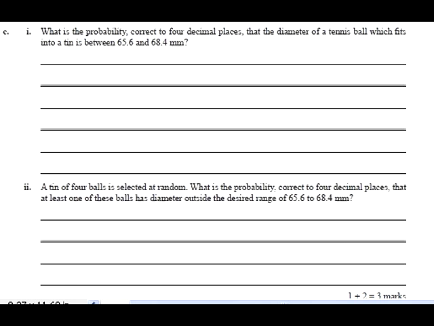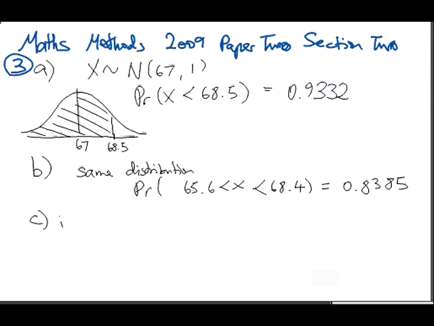What is the probability of fitting into that range, given it already fits into a tin? First thing to realize, this is a given question. Once you realize that, this thing is super easy.